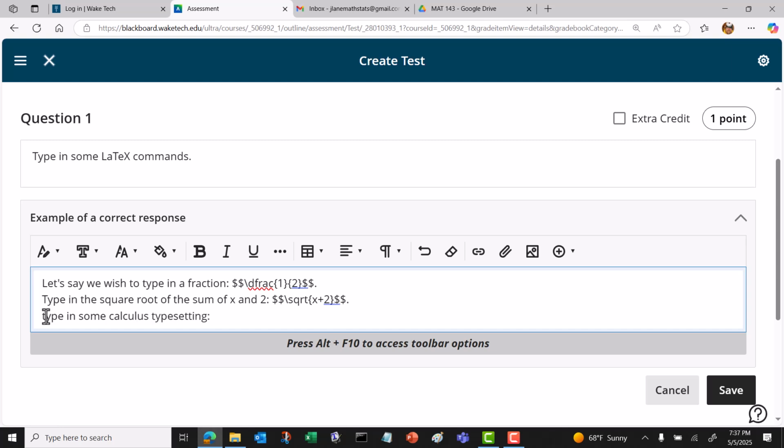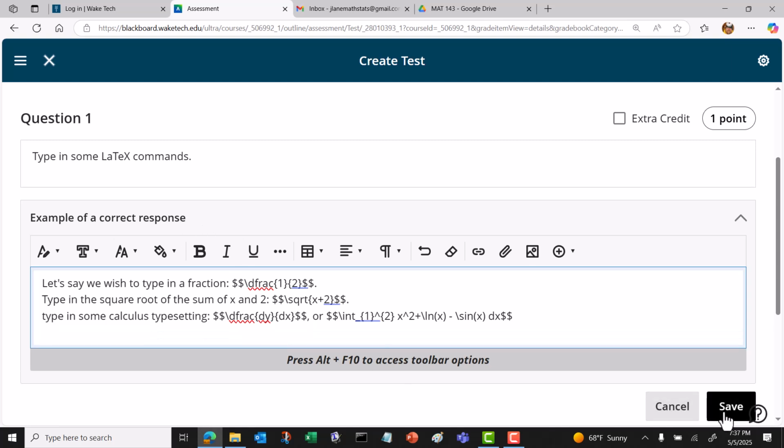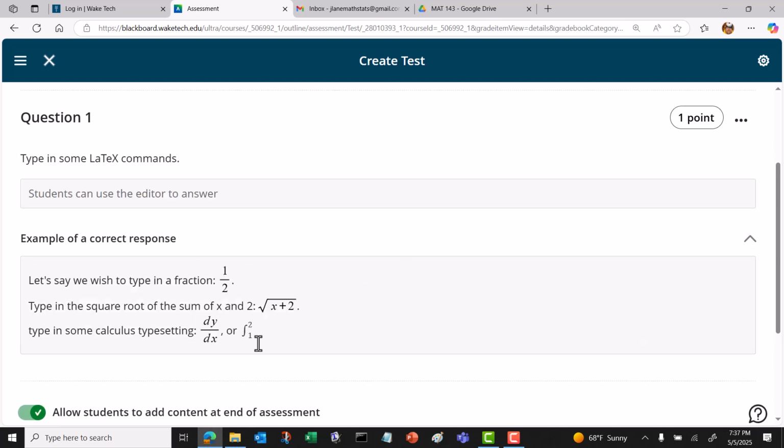So if we had \dfrac{dy}{dx}, that would be the derivative, or let's say the integral from 1 to 2 of x squared plus natural log x minus sine x dx. And if I hit Save on this, then we can see that we do have some calculus style typesetting going on here as well.